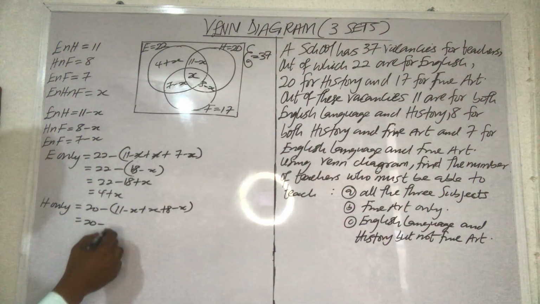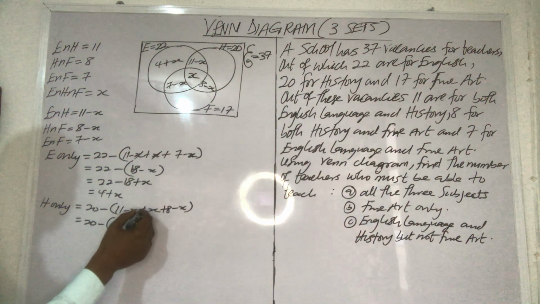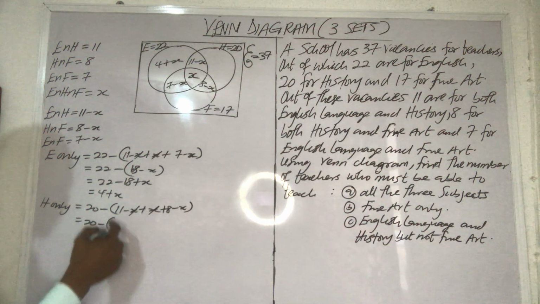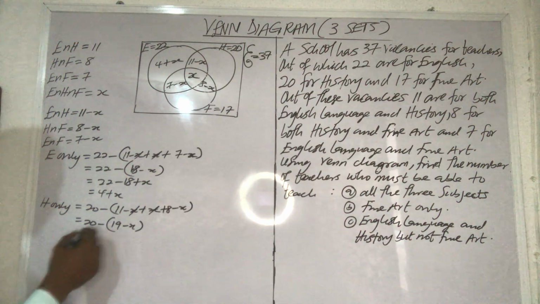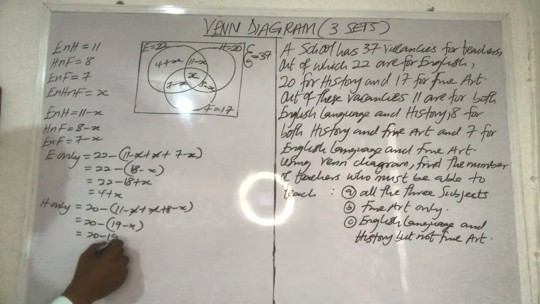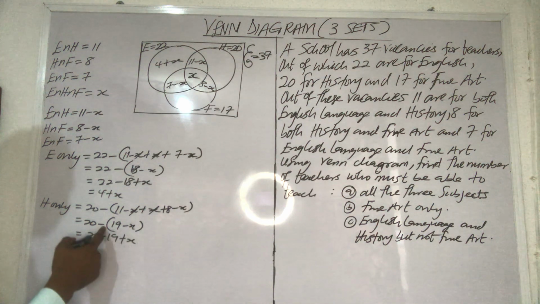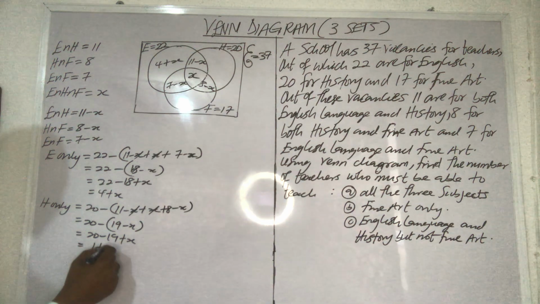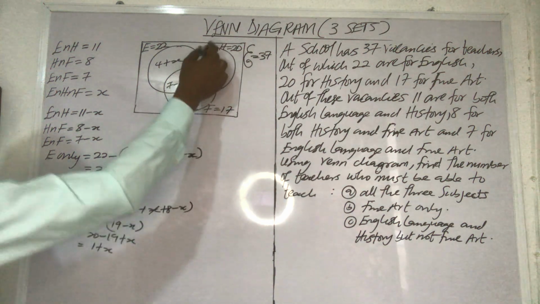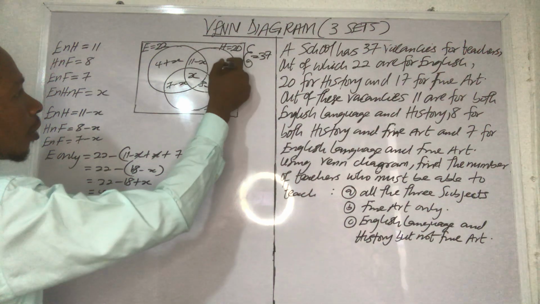Then 20 minus, minus x plus x will cancel out, and this plus this gives 19. So 20 minus 19 plus x, minus times minus x is plus. That gives me 1 plus x. So history only is 1 plus x.